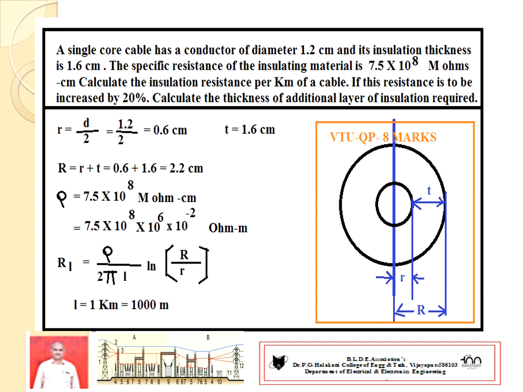If you want, you calculate r equal to d by 2, that is radius of conductor, and thickness of insulation is given, that is you refer the figure. Small r is the radius of conductor, T is the thickness of insulation, capital R is the radius of sheath. Same thing, diameter we taken, here radius you can take. So capital R equal to small r plus T.